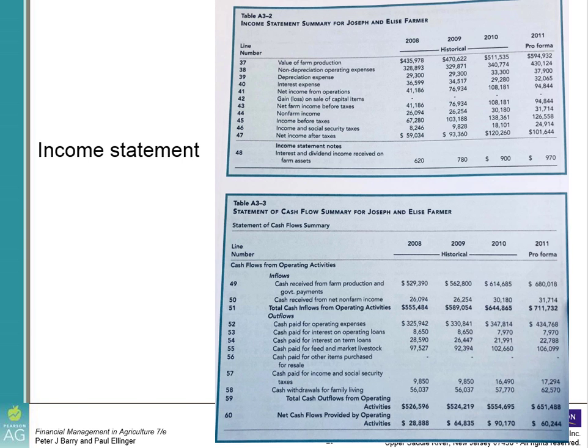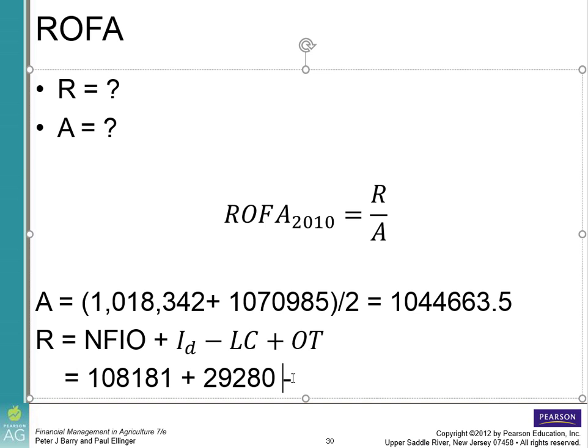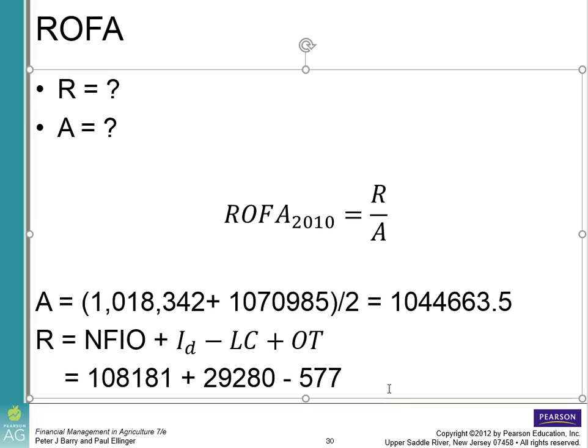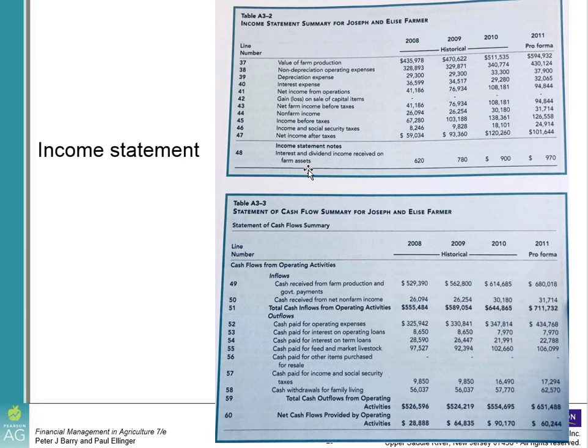Okay, so let's just go ahead and subtract 57. I want to say 70. Okay, and then of course you add other income, and you will notice that other income is interest and dividend income received on farm assets.